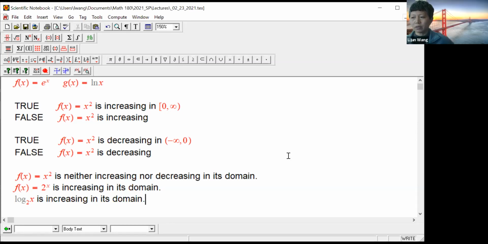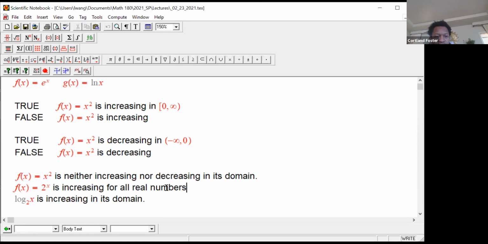You don't need to, but you know how to do it, right? Oh, you can also say it's increasing for all real numbers. There are all these different ways of saying it, okay? There are so many ways to say the right thing.